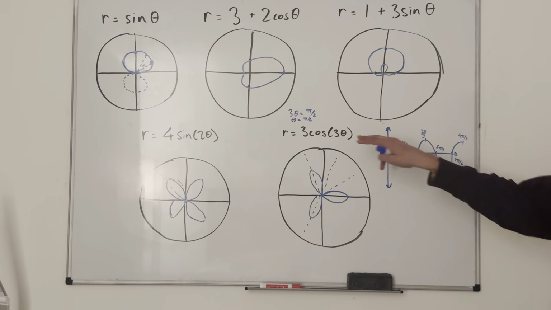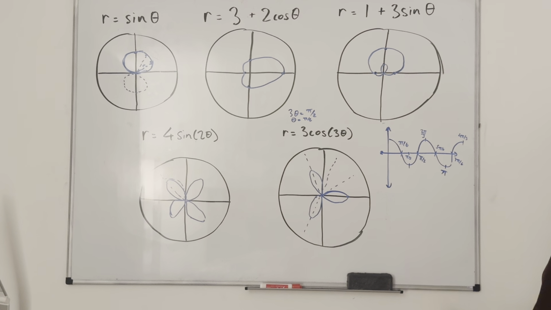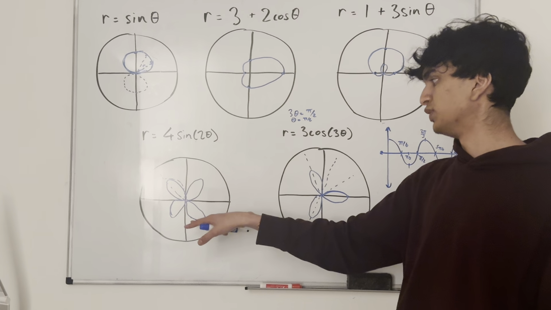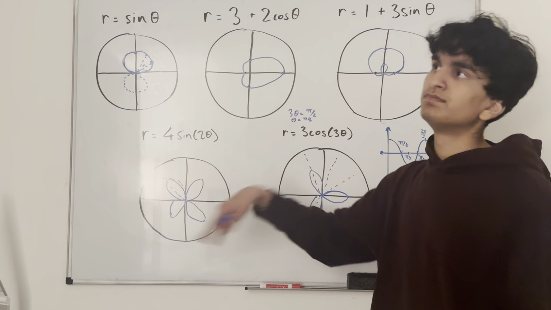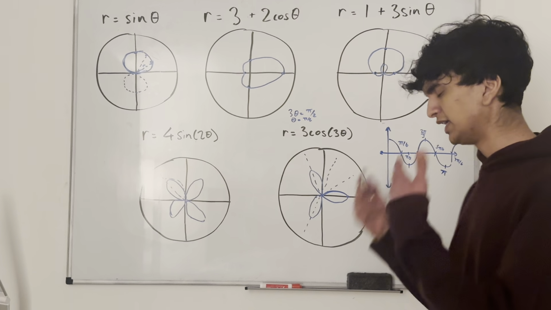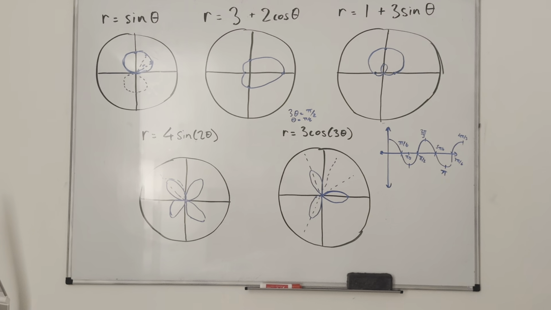If the B value is odd, you just get that many petals. Otherwise, if it's even, it's going to be double. I don't know why that took me 5 years to compute and to say.